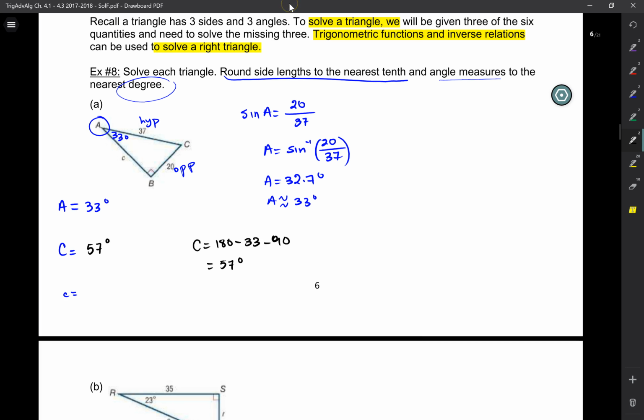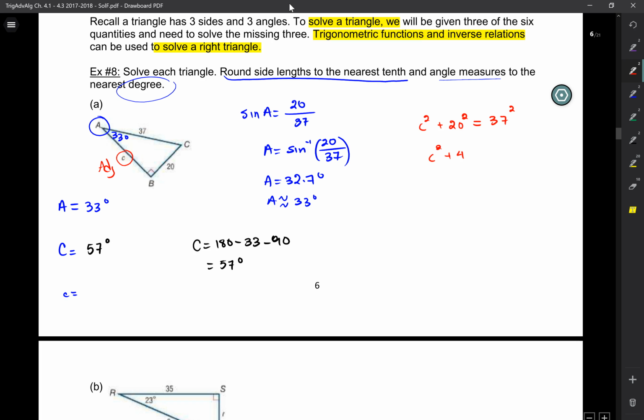Now, how about side C? All right, so for side C, let me erase some of this here. I'm going to use that angle 33 degrees again. So this is the adjacent, and you can use either the hypotenuse or the opposite. What else could you do? Pythagorean theorem. So it's totally up to you. What do you guys want to do? Pythagorean theorem. Let's do that. So c squared plus 20 squared is equal to 37 squared.